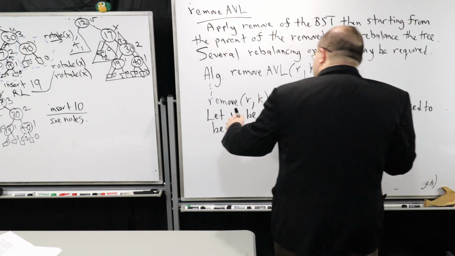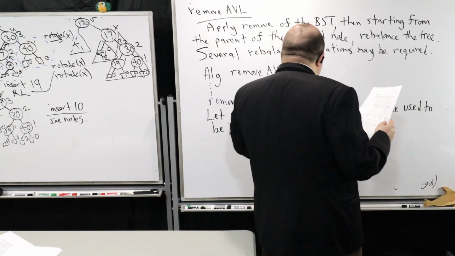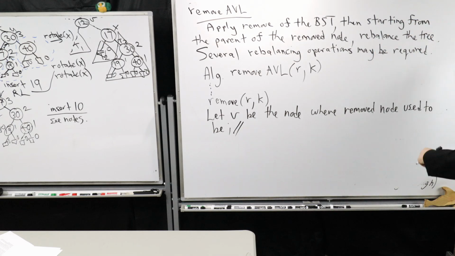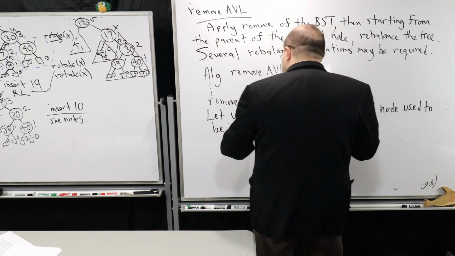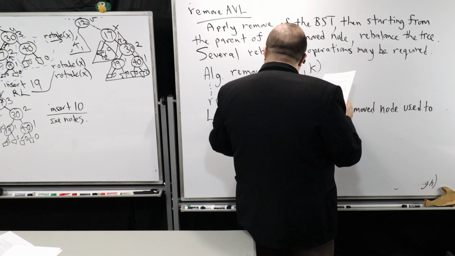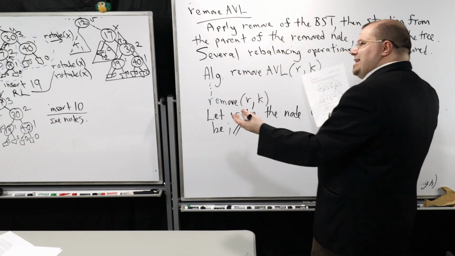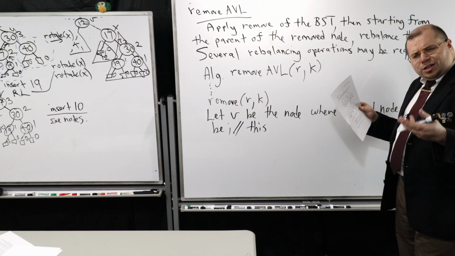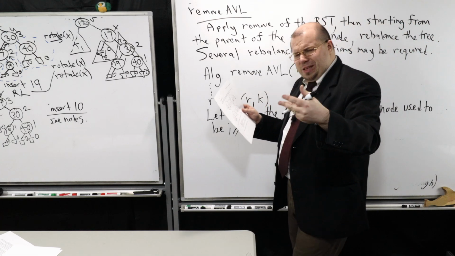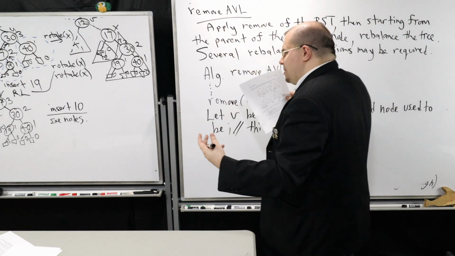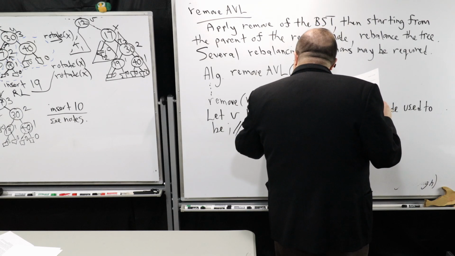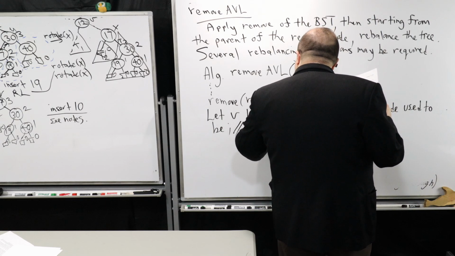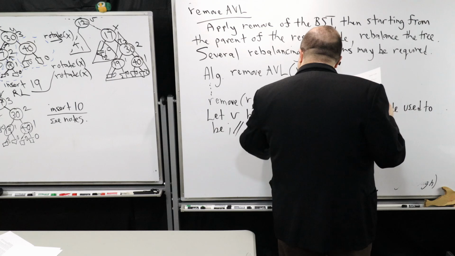If you're wondering which node this is, I actually gave a specific name for it. You remember how I had given names to nodes for my remove function? I had C, I had a C prime, I had a P and a P prime. This is actually C prime in remove. Sorry, I'm getting very excited here.